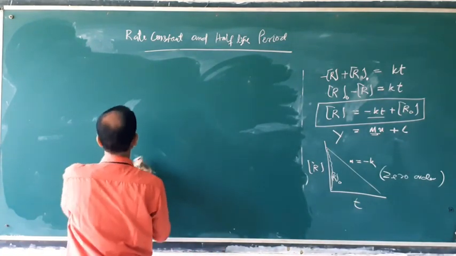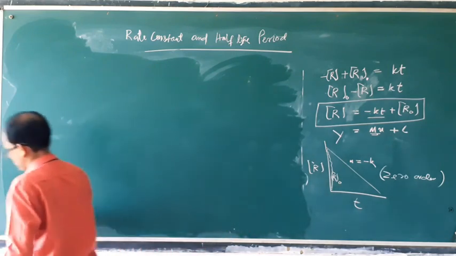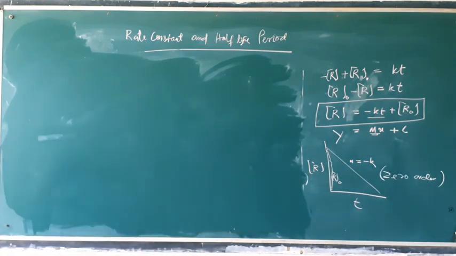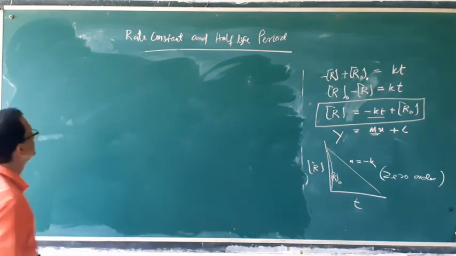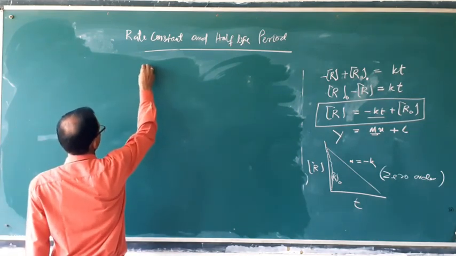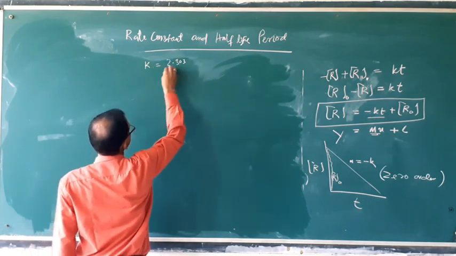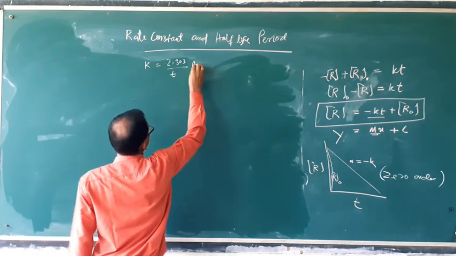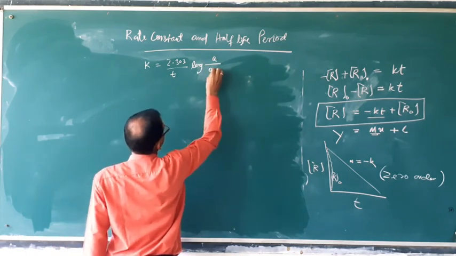reaction, already you know that k is equal to 2.303 by t log a by a minus x.